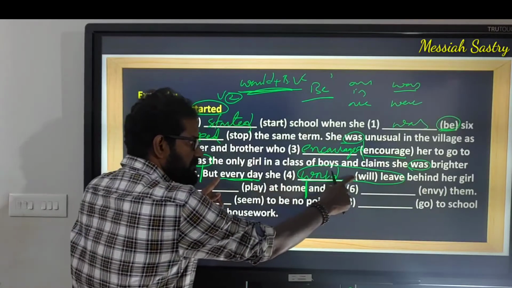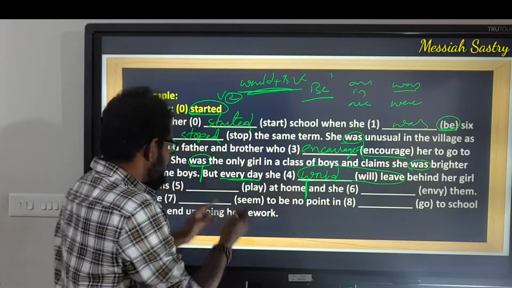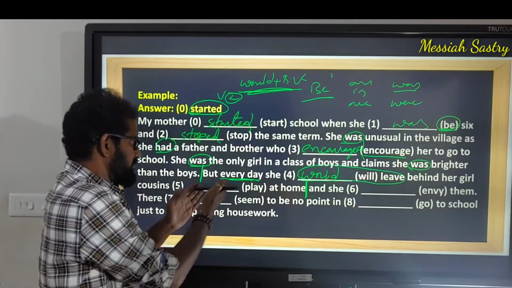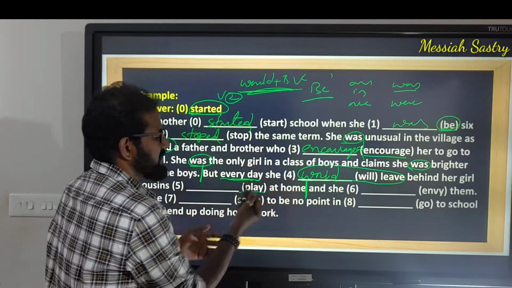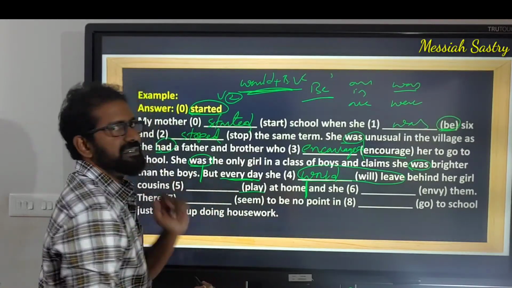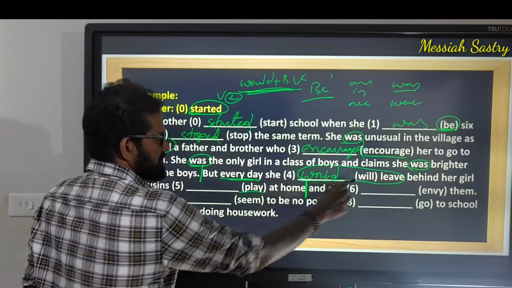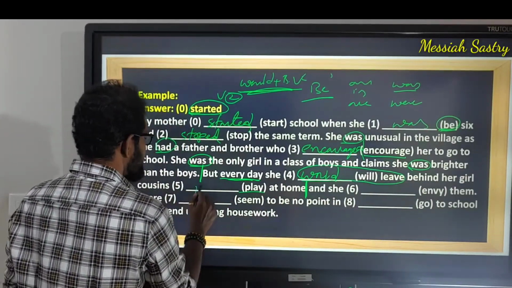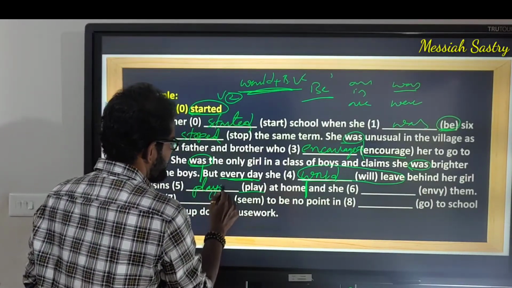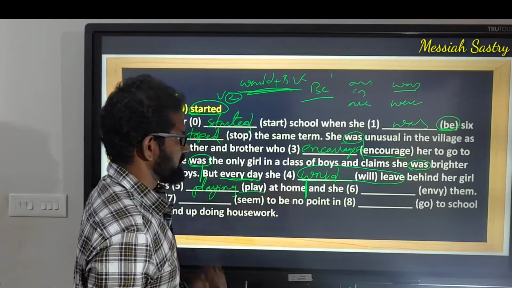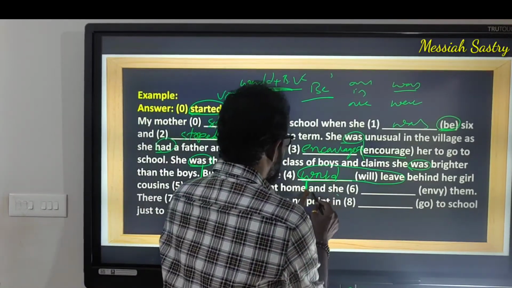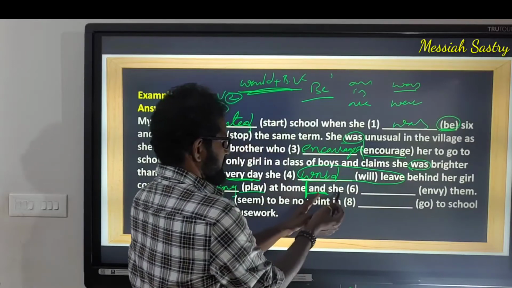Now here already one main verb is there, would leave. So we can't use another main verb. We make play a secondary verb, a present participle: cousins playing at home.